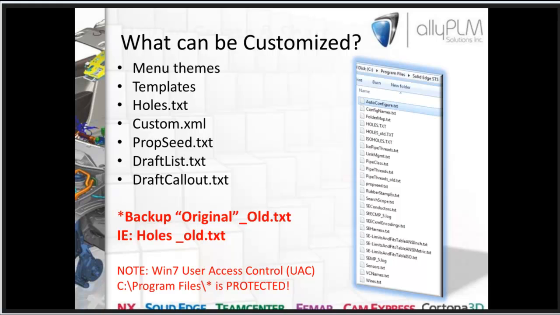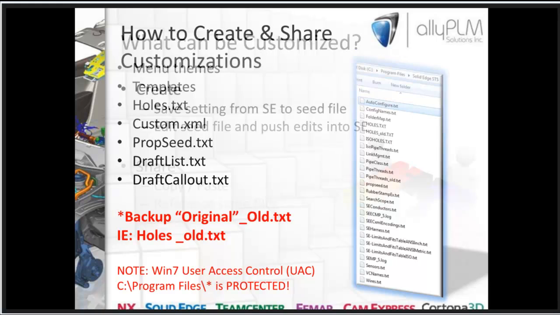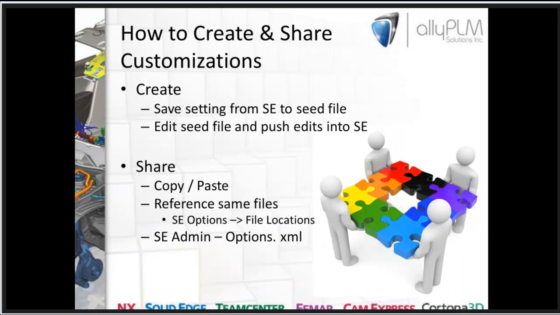And now we're going to look at how we actually create some of this customization. We're going to get into a demo and actually get into Solid Edge and edit these files. But from a high level, there's two ways to either create or edit some of this customization when we're dealing with text files and XML files. One would be to actually work within the Solid Edge user interface and save a setting.